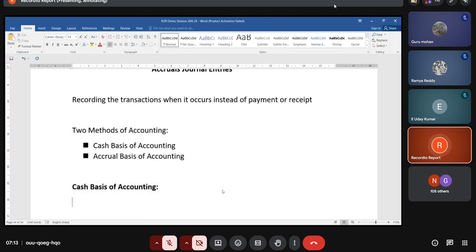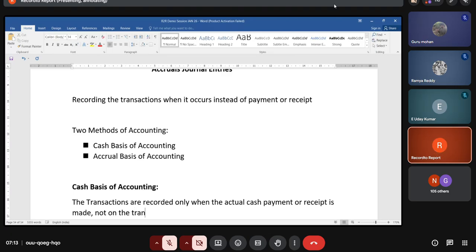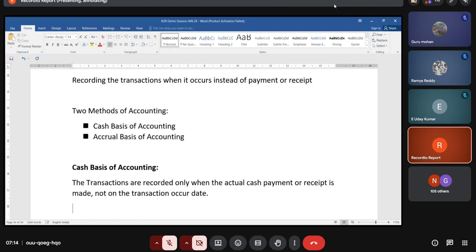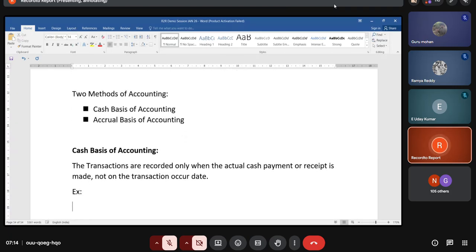In cash basis of accounting, transactions are recorded only when the actual cash payment or receipt is made, not on the transaction occurrence date. Okay, so the example we discussed.